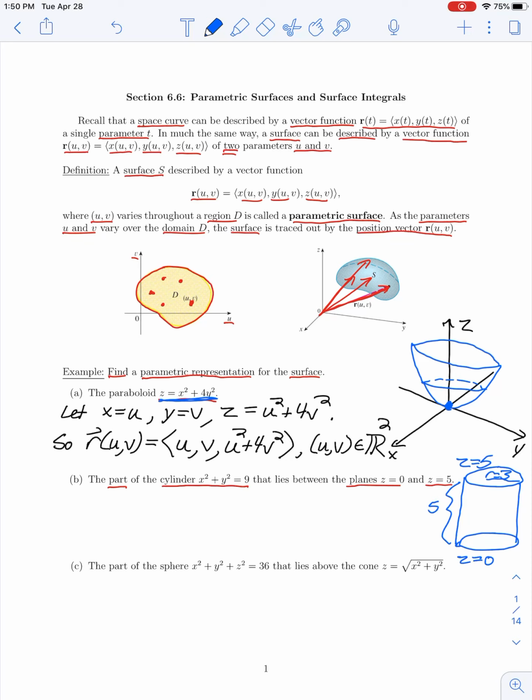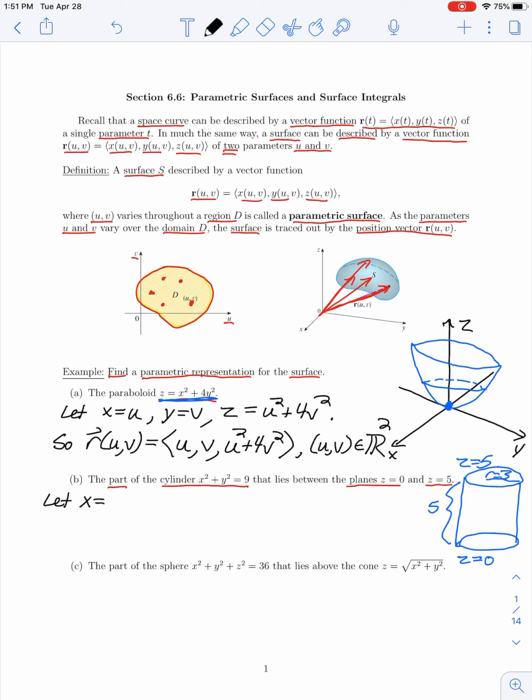So since we are talking about a surface which is part of a cylinder, rather than making use of rectangular coordinates x and y, it stands to reason that we might use cylindrical coordinates. Let's think about how we could define points x, y, z in terms of cylindrical coordinates.